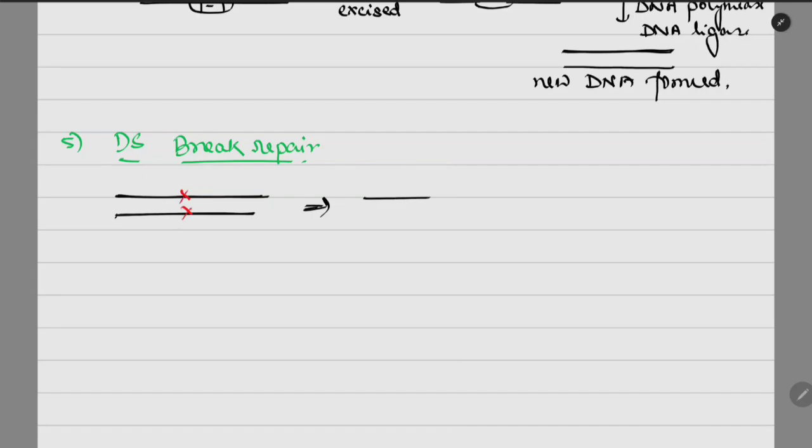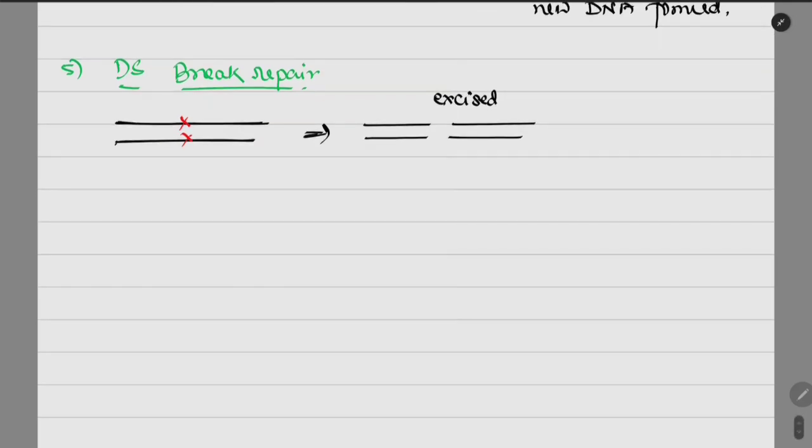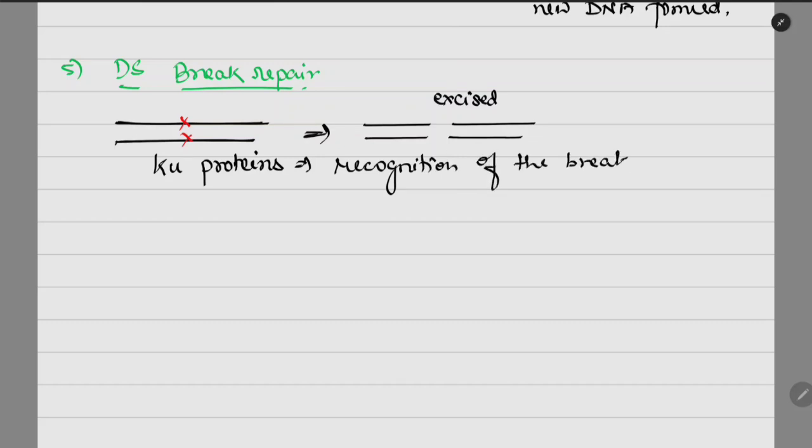So what will happen? These damaged strands are excised. Now after excision, there is action of KU proteins for the activation of DNA dependent protein kinase. These KU proteins help in recognition of the break site.